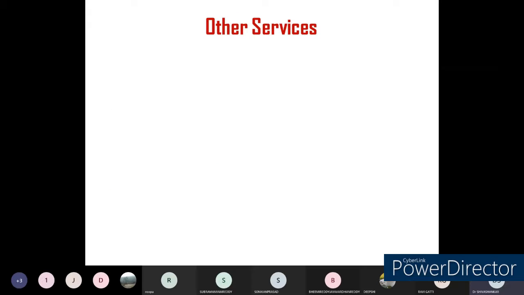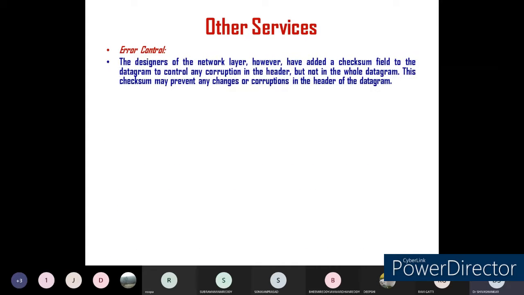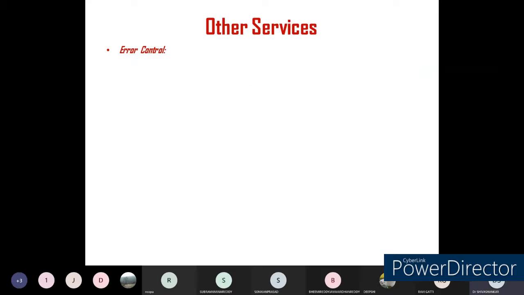Now, what are the other services of the network layer? Let us discuss error control. Let us say what a network error is. For example, because of poor signal strength, if the source is not able to transmit the data to the destination, then the destination is not able to receive the data from the source.